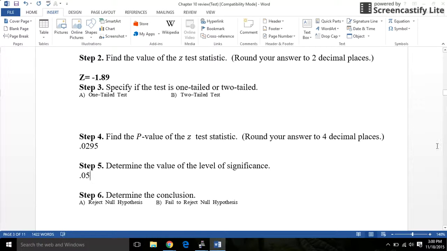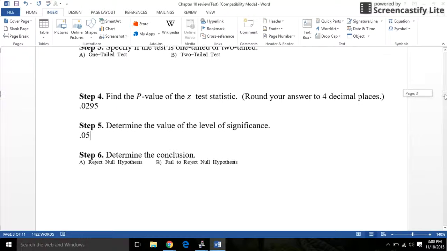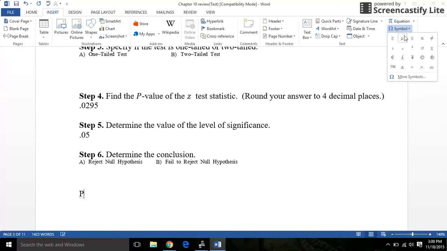All right. Determine your conclusion. All right, I'm going to come down here and I'm going to do: if p is less than or equal to alpha, comma, reject your null. Again, people eat fish from the River Nile. If you'll remember that, it's an easy way to remember it.